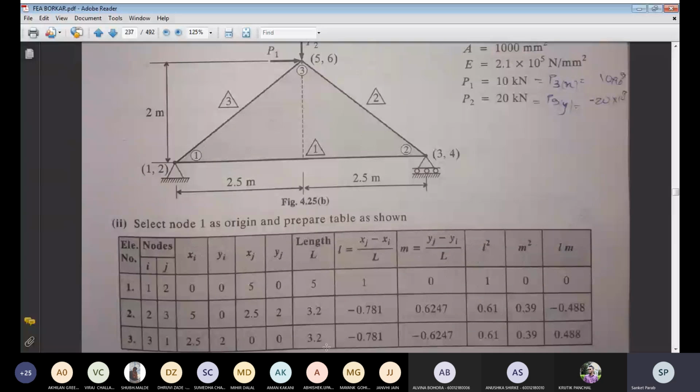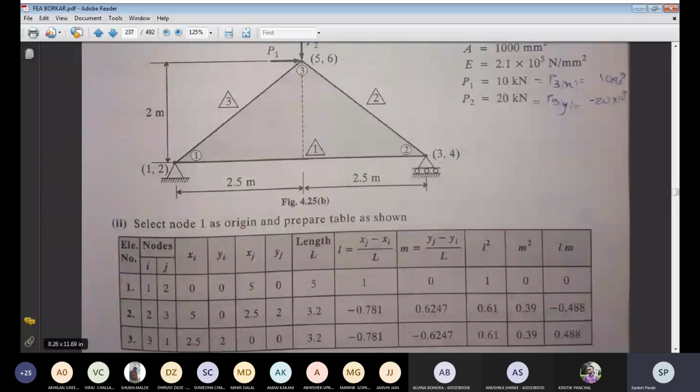Now if I go to the second element, my second node becomes my ith node and the third node becomes my jth node. So my xi and yi will be 2.5, 0. They have directly given 2 meter height in the y direction. So my xj is 2.5 from the origin in the x direction, and node 3 is 2 meter in the vertical direction from the origin. Therefore, my xj yj is 2.5 comma 2.